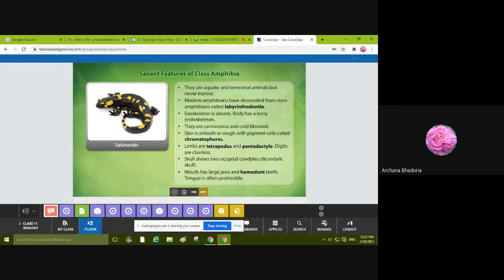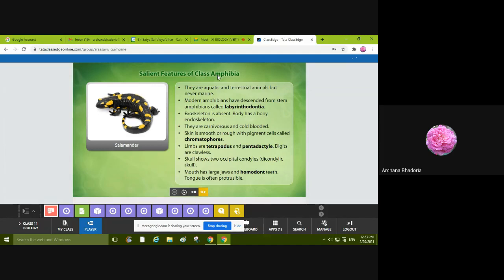So now we take up the other salient features of the class Amphibia. Why do you call them amphibia? Because they are aquatic, but then evolution occurred, and from the water bodies the animals started shifting towards the land, and started using the land also for some of their activities.